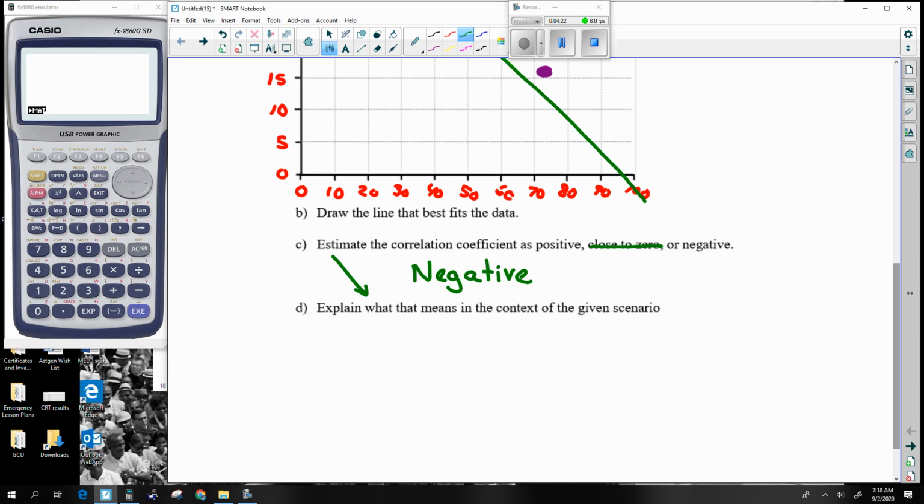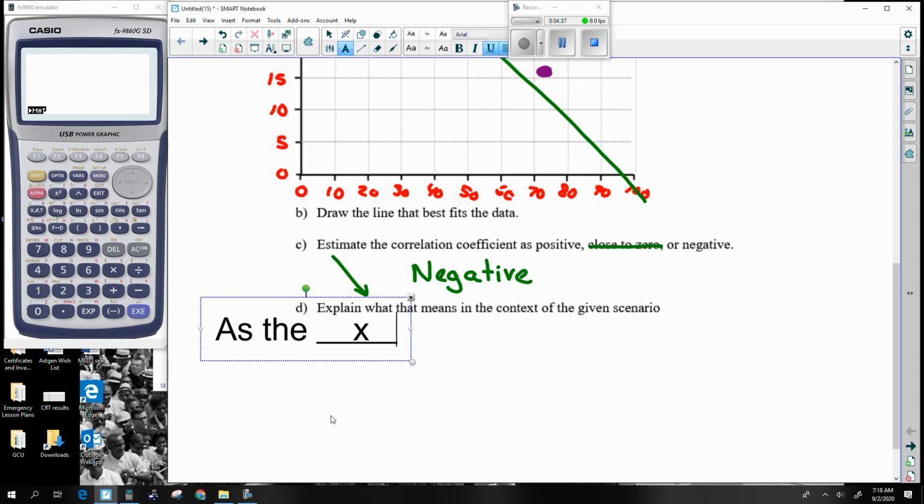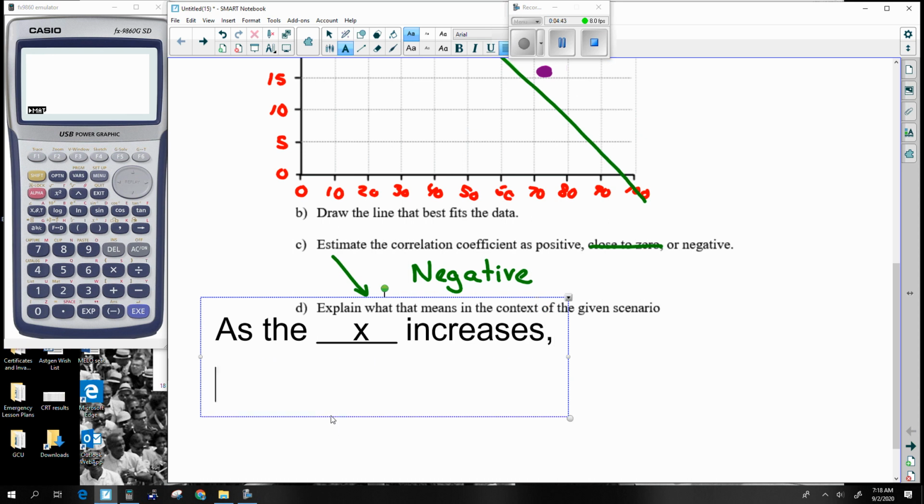Explain what this means in the context of the scenario. So again, one more time, here's our writing prompt. Our writing prompt is: as the x increases. Okay, so the first word is always increases.